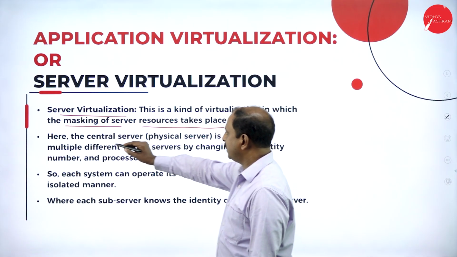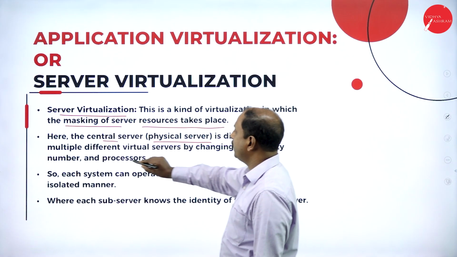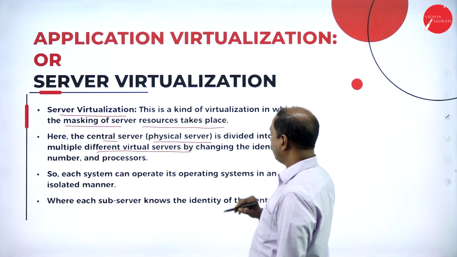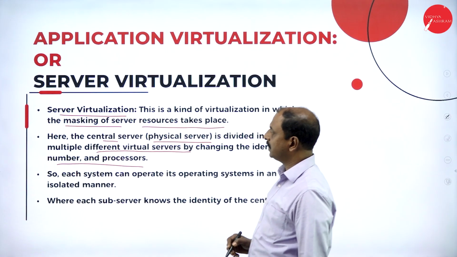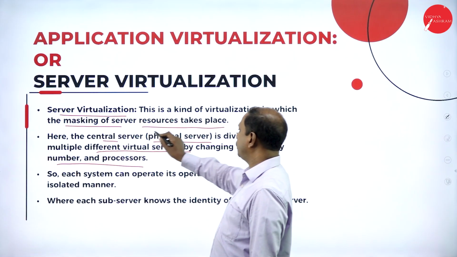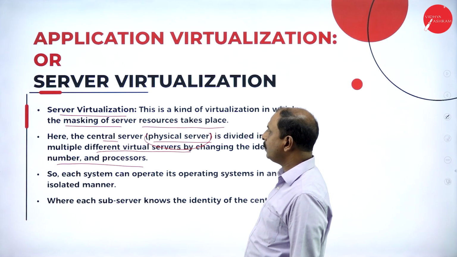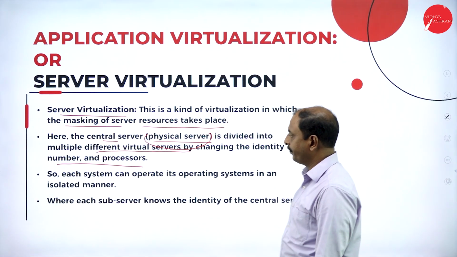Here, the one physical server is divided into multiple different virtual servers by changing the identity number and processor. So this is the definition of server virtualization, where one physical server is divided into multiple different virtual servers.